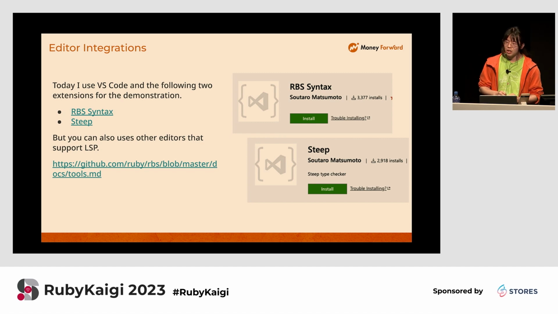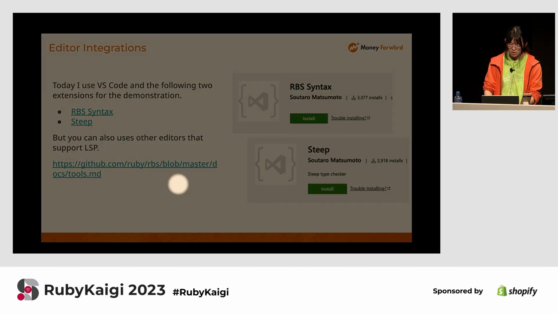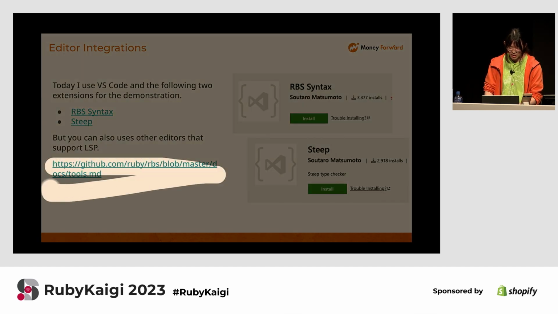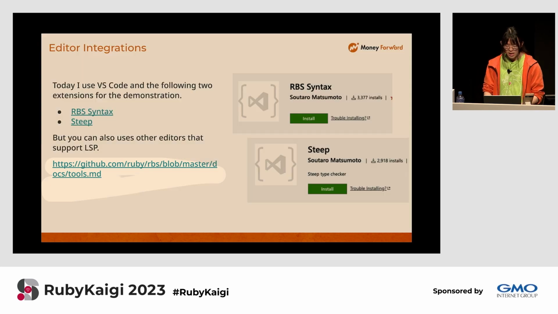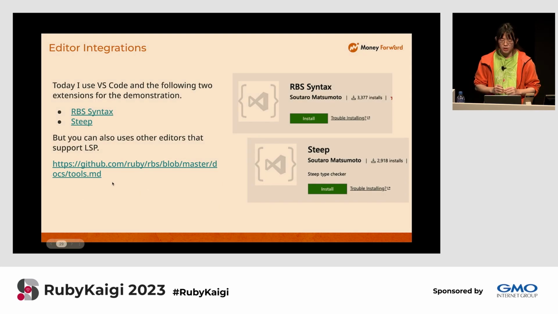But you can also use other editors to write RBS if the editor supports LSP. This link contains many tools related to RBS, such as these extensions or extensions for other editors. So if you use other editors, please see this document.